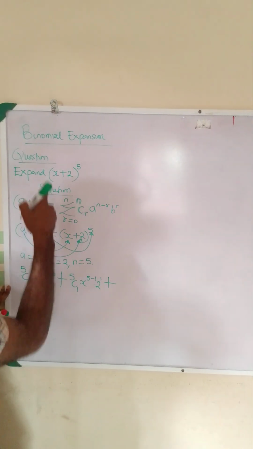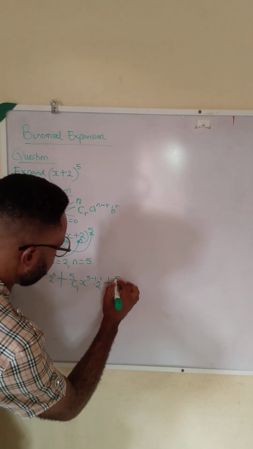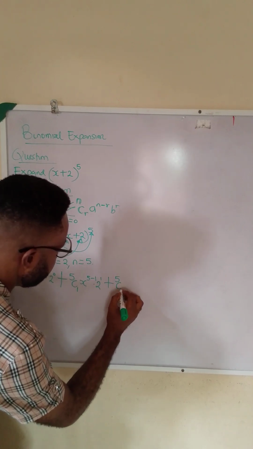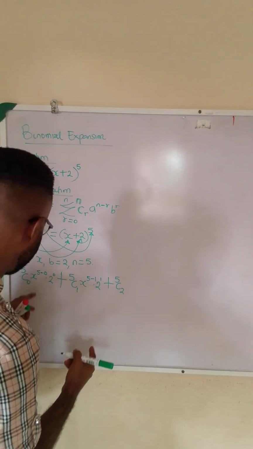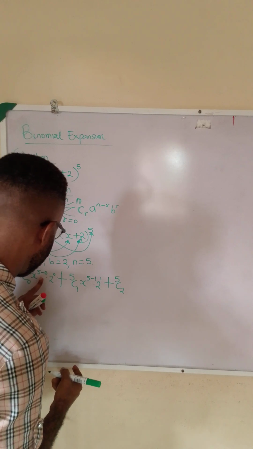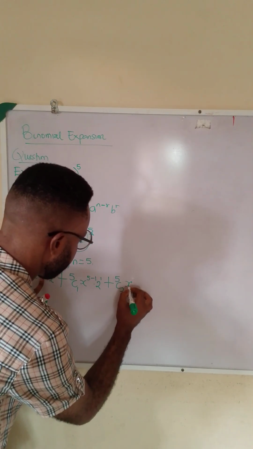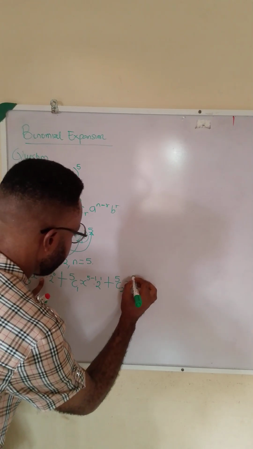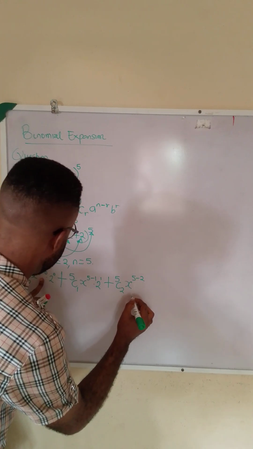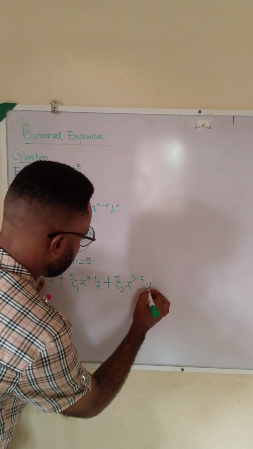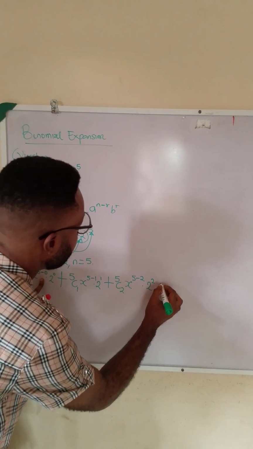Plus we take 5 combination 2, because our r is now 2. x, which is a, is raised to 5 minus 2, and then our b is 2, raised to 2, which is r.